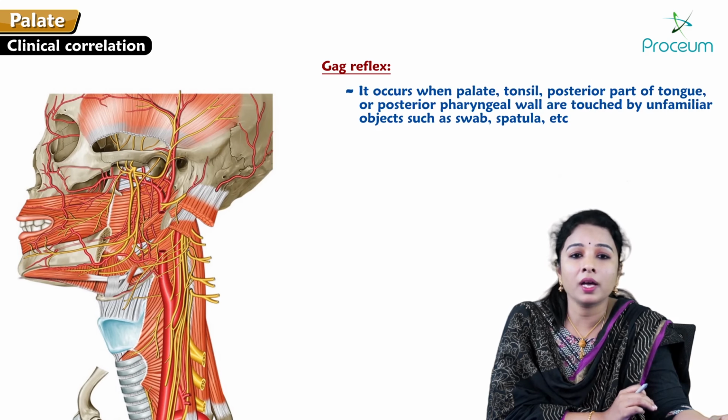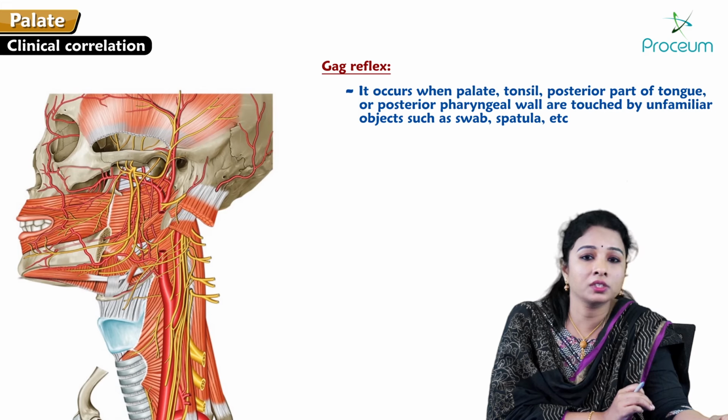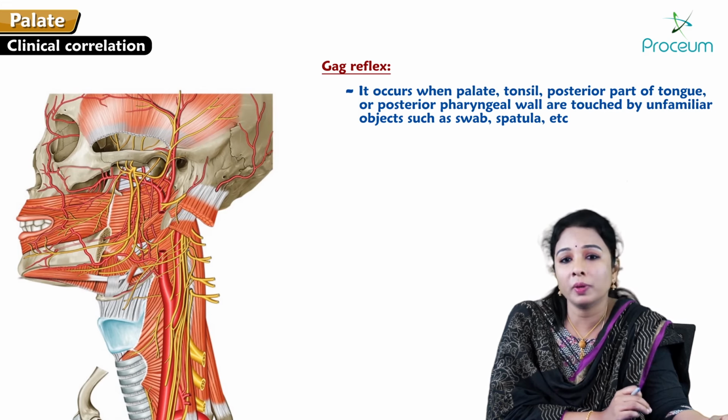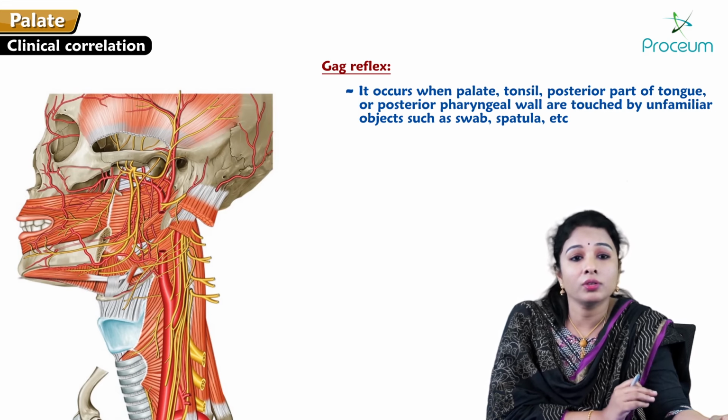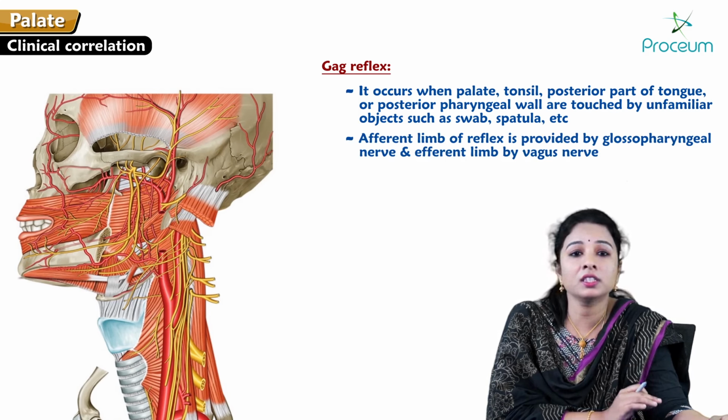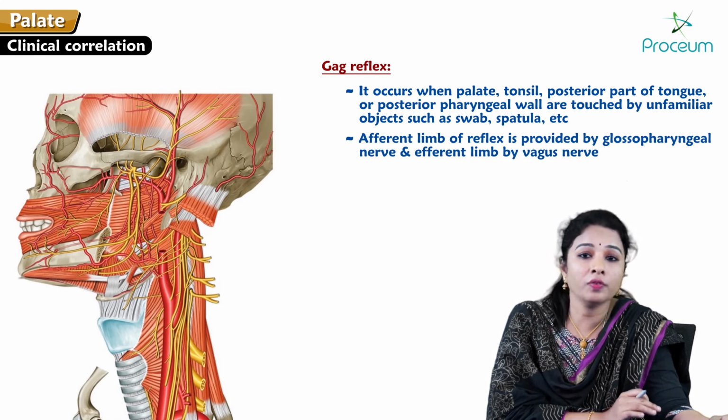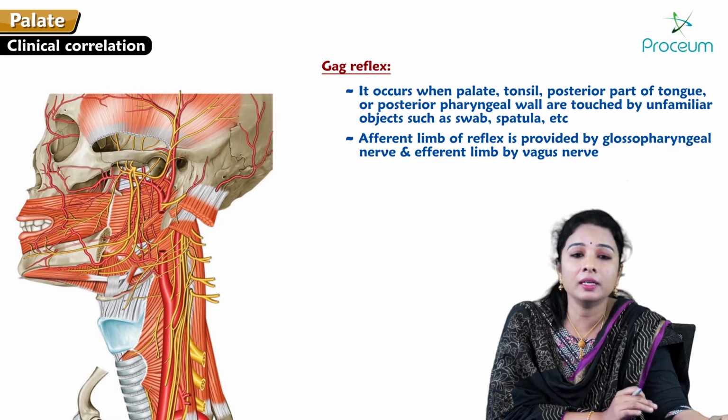It occurs when the palate, tonsil, posterior part of the tongue or posterior pharyngeal wall are touched by unfamiliar objects such as a swab or spatula. The afferent limb of the reflex is provided by the glossopharyngeal nerve and the efferent limb by the vagus nerve. So that is about the gag reflex.